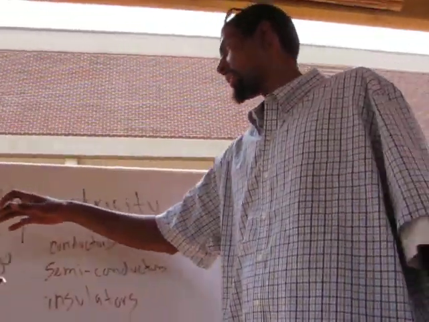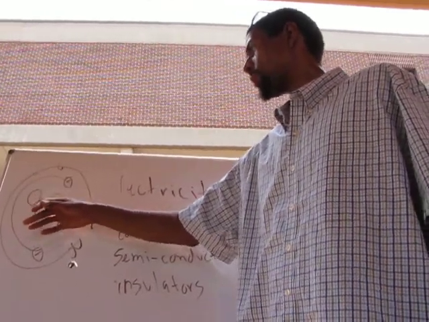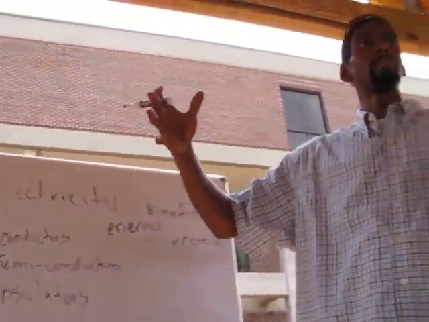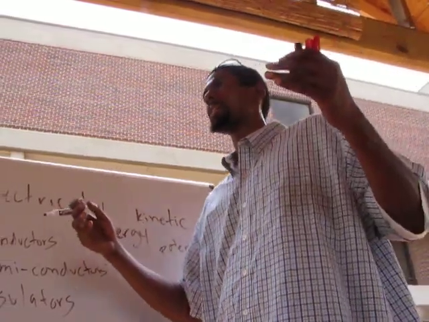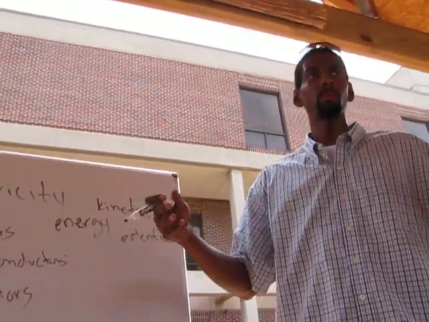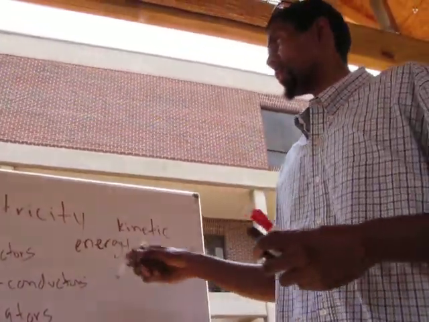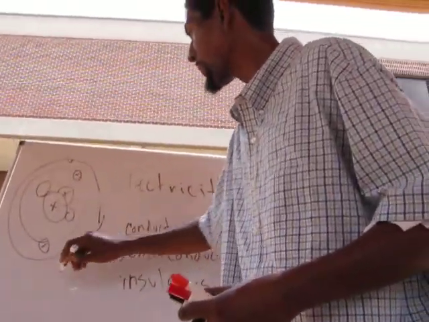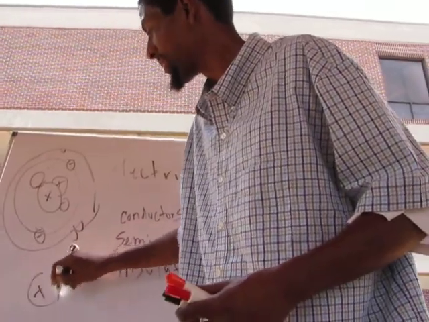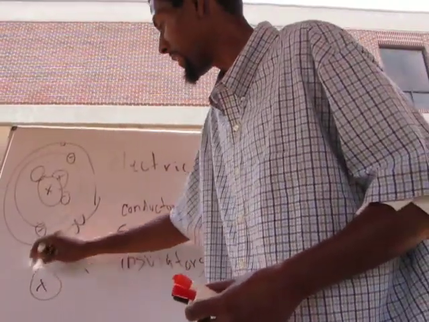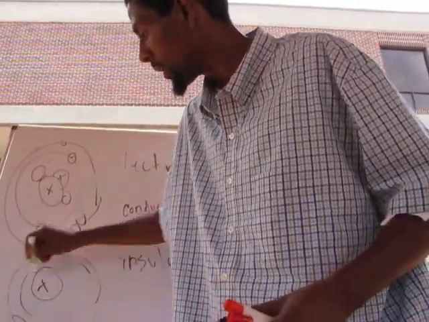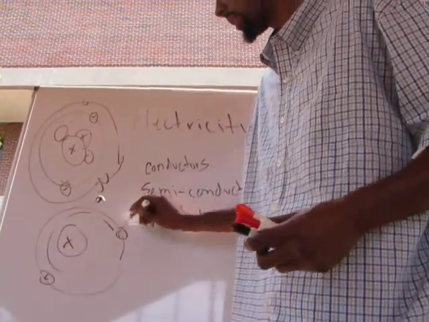Now they tell us that the number of protons and electrons should be balanced. I mean, if you got the element of oxygen, you got 8 protons and you should have 8 electrons to balance that little universe there. So what happens is you got some elements, particularly metals, that have in their outer ring only 1 or maybe 2 electrons.